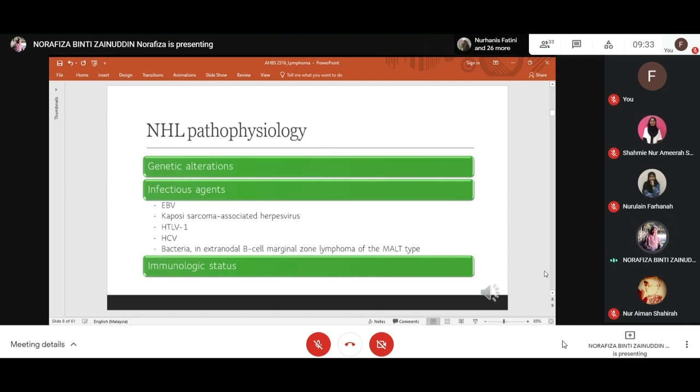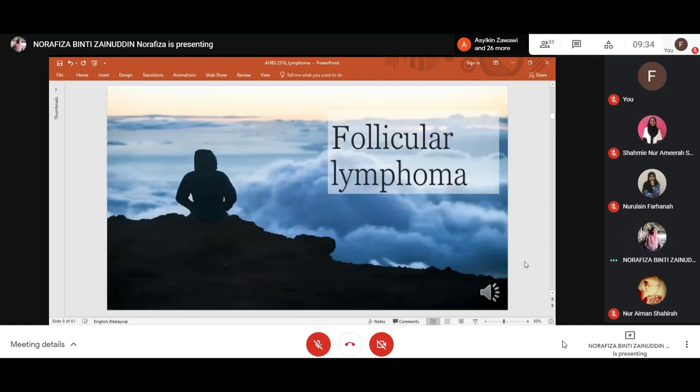I think maybe you have learned in pathology that Hashimoto thyroiditis is a disease associated with immunodeficiency. I'm not sure, but you can search on Hashimoto's thyroiditis.